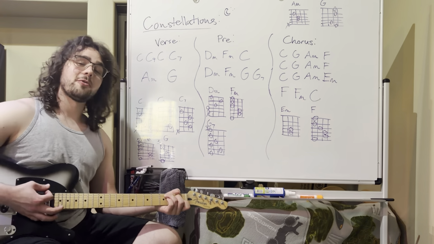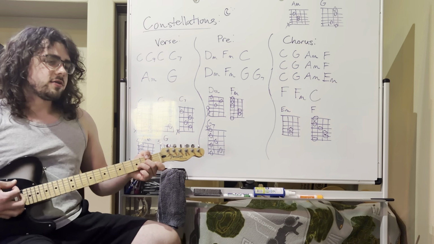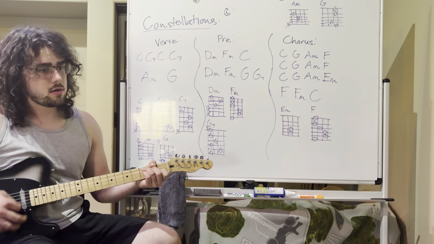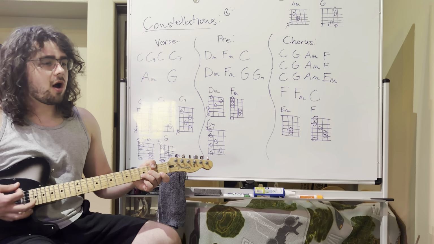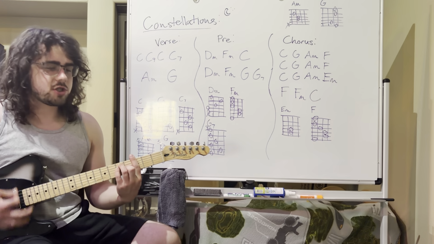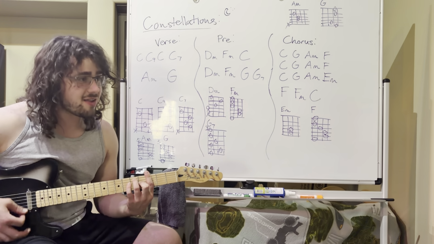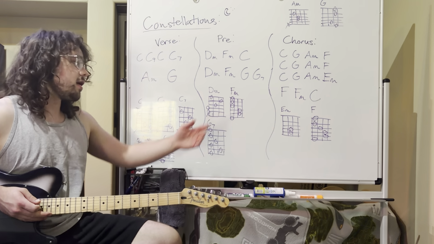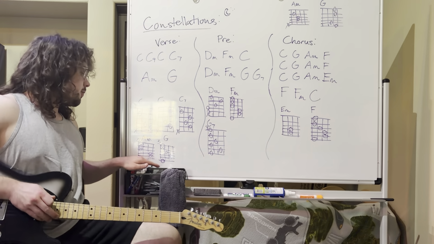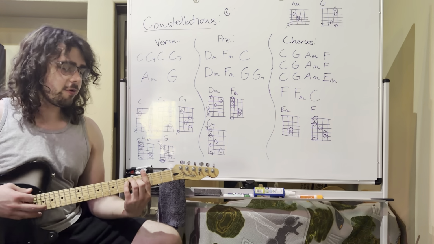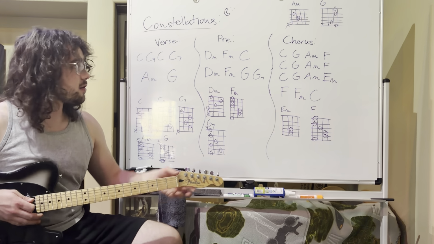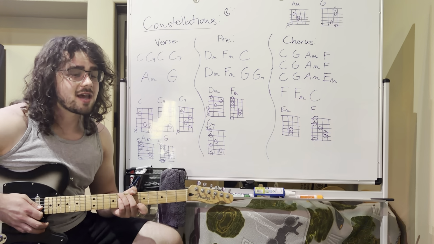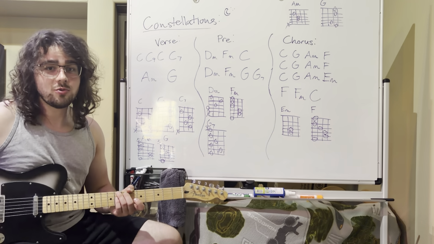And then in the pre-chorus, one more time: D minor for one, F minor for one, then G for one, then G7 for one, then chorus. If you can't do that, you can also play that G up there as a G7 like this, which I'm not going to tab. But yeah, you could do that if you wanted.